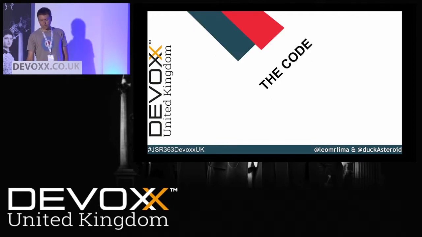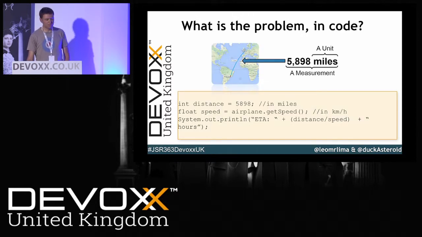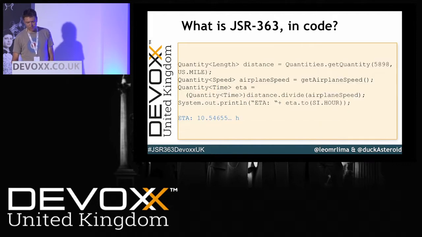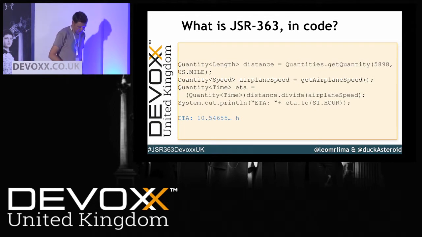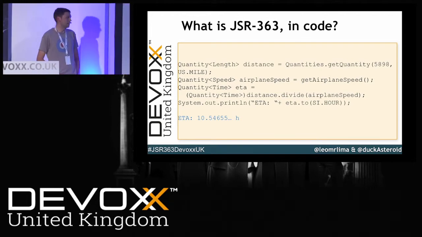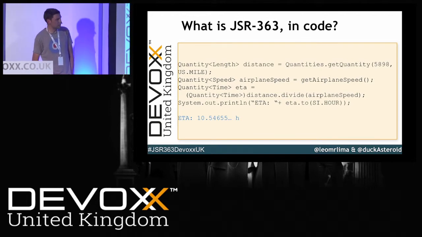So to the code then. We had our primitive example of how not to do it with Leo's flight to get here today. But what does it look like when you do it in JSR 363? So we have a quantity class that represents something that you're measuring. And it's genericized, so you can give it the quantity type that you're measuring inside that quantity.